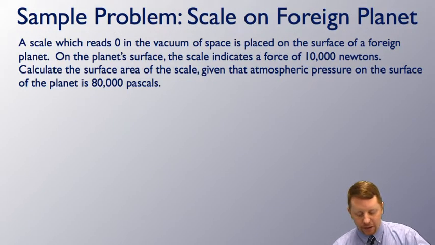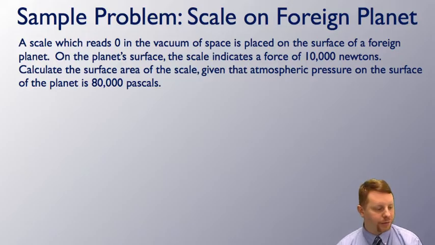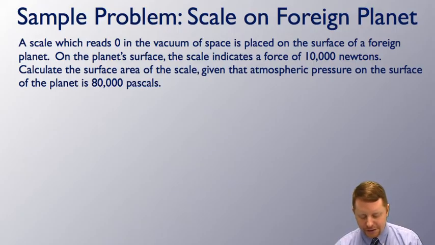All right, let's take a look at the problem of a scale on a foreign planet. A scale which reads 0 in the vacuum of space is placed on the surface of a foreign planet. On the planet's surface, the scale indicates a force of 10,000 newtons. Calculate the surface area of the scale, given that atmospheric pressure on the surface of the planet is 80,000 pascals.